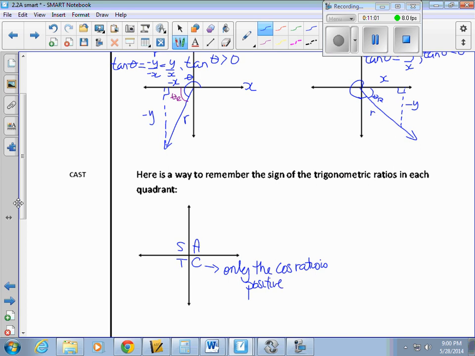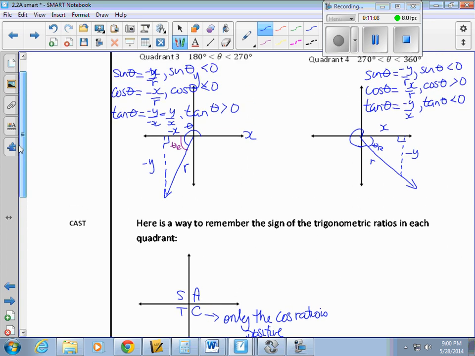So if I just look back at the two examples on this page, in quadrant 4, cos was positive, tangent was negative, and sine was negative.